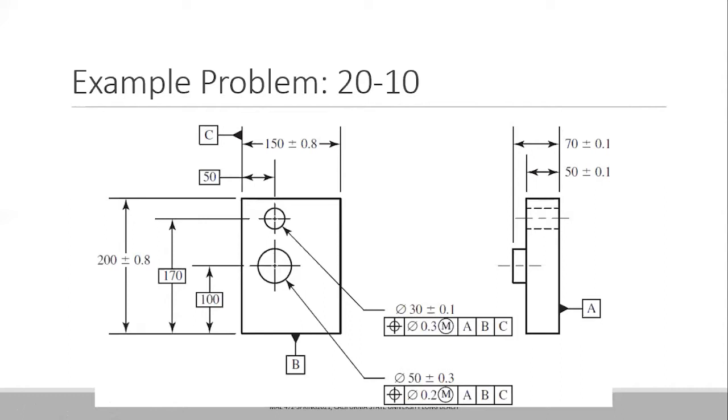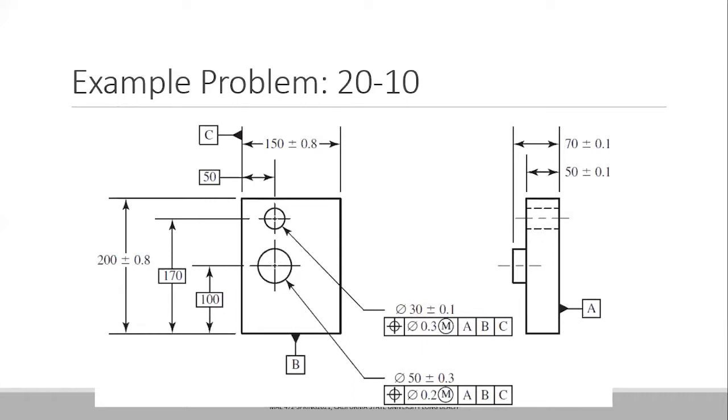Now, the complexity arises when somebody asks what is the effect of this position tolerance on the diameter? Let's say I have a position tolerance of 0.2. What will be the maximum diameter in that case? Anybody, any guess? Are you getting the question, or is it not clear at all?